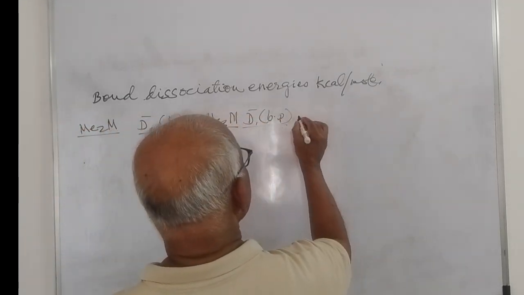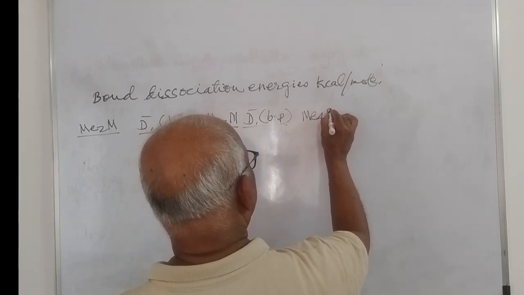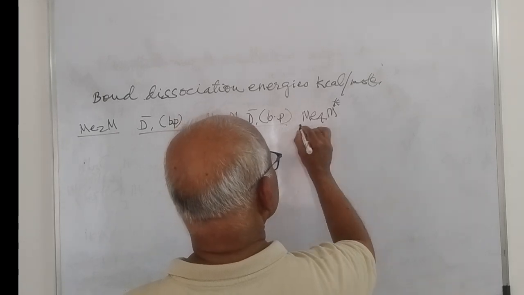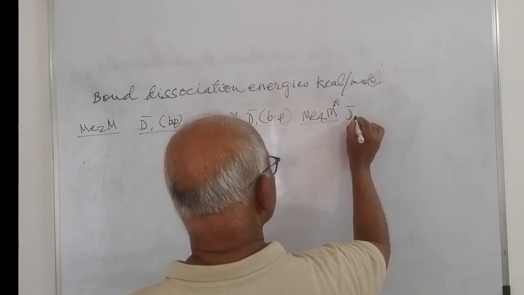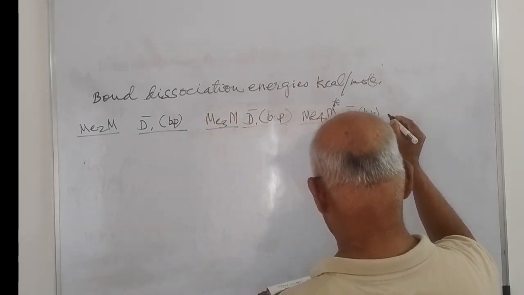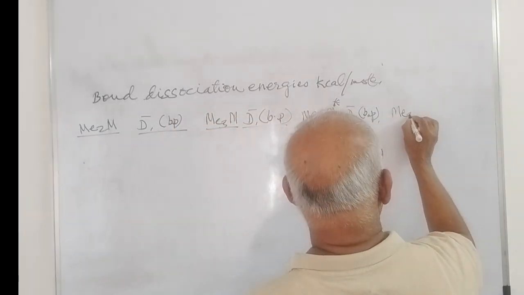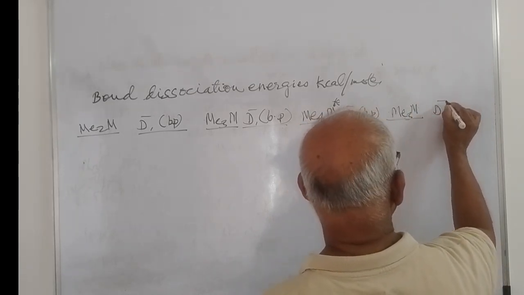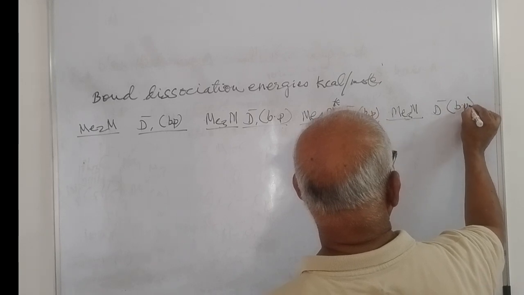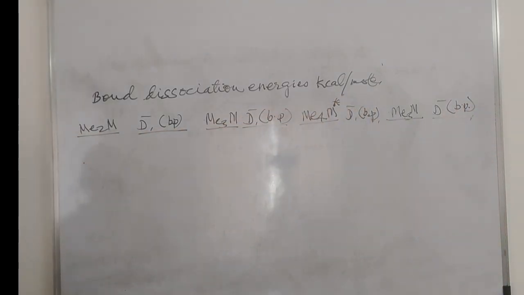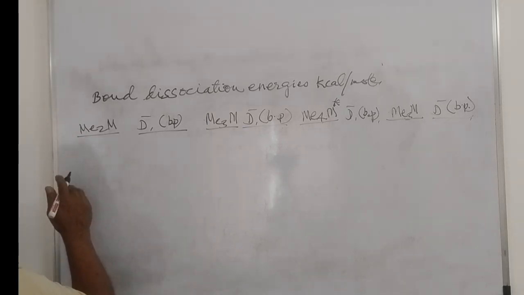Then Me4M, and its bond dissociation energy and boiling point. So this is the table which shows the bond dissociation energies as well as boiling points of the compounds.